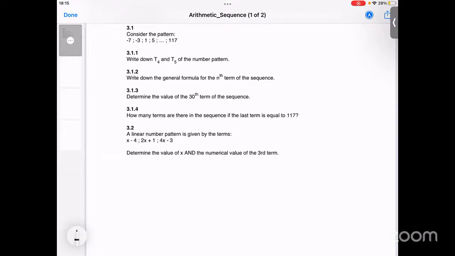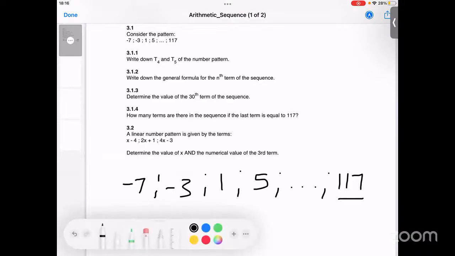Most importantly, you need to carefully consider the given pattern, which is -7, -3, 1, 5, and then some more terms in between, and 117 being the last one. That's how you know that you've got a number pattern whereby the last term is that one there. Otherwise, if there was nothing there, it would just indicate that it is continuing up to infinity.